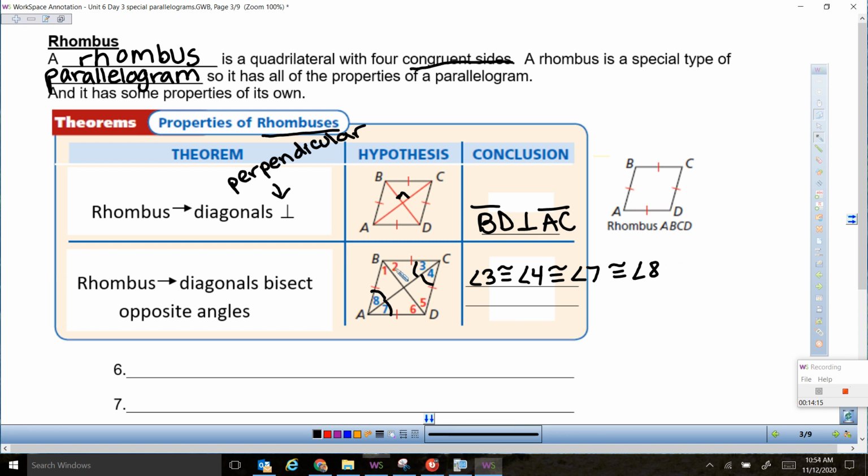Same thing for the other diagonal. Opposite angles are congruent, and these congruent angles are also cut in half, so these four angles in red are also congruent. So angle 1 is congruent to angle 2, which is congruent to angle 5, which is congruent to angle 6.